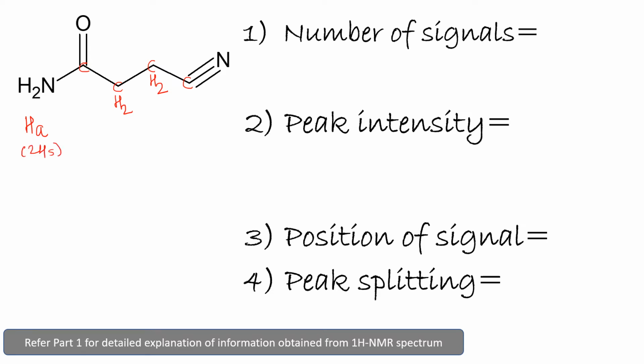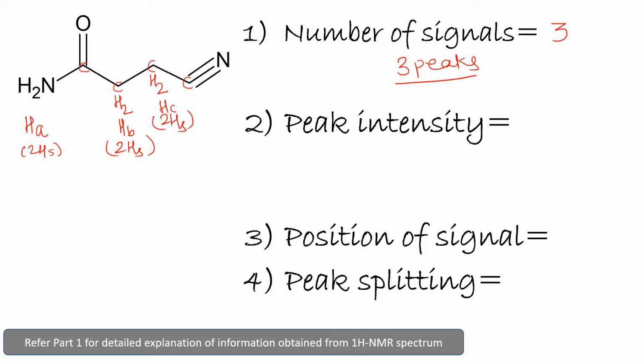Then these two hydrogens give another signal, and the third signal comes from these two hydrogens, which I'll call HC. So the number of signals for this structure is 3. That means there will be 3 peaks in the NMR spectrum of this compound.